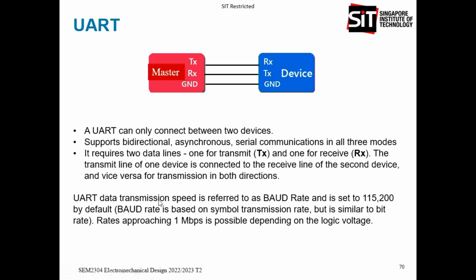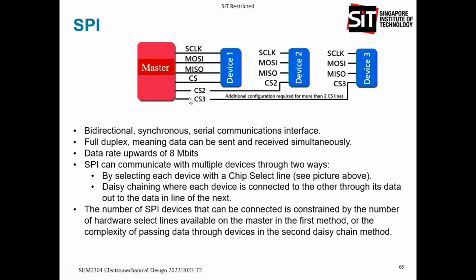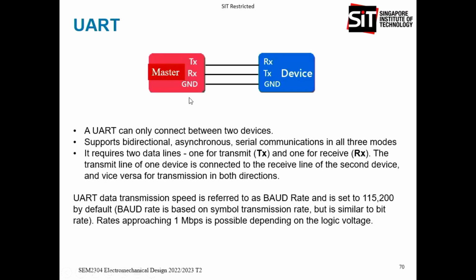And for I2C, I need three lines: SDA, SCL, and ground. Here I haven't shown the ground for SPI, but just remember, you need to have ground for all of them. So you actually need one more line for the ground.